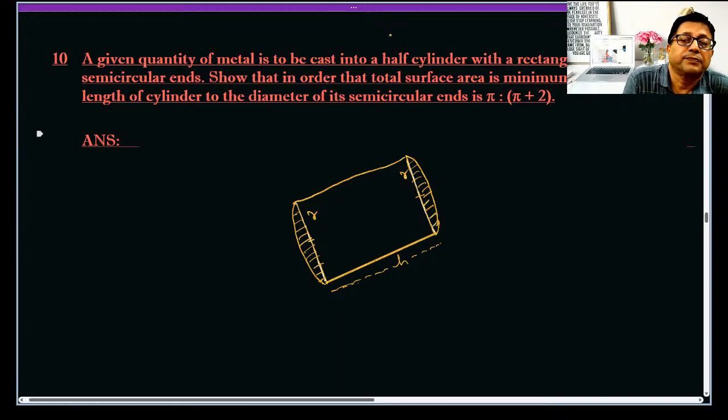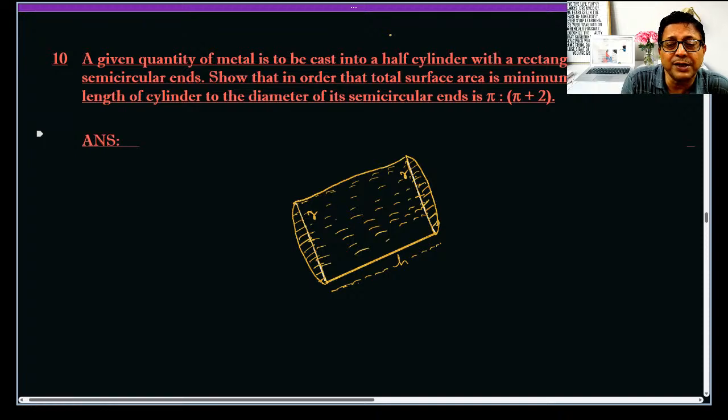So its free surface will be of what form? Free surface, I am showing you this portion is rectangular, isn't it? One portion is rectangular. Can you imagine this?